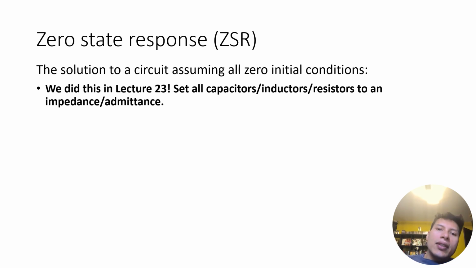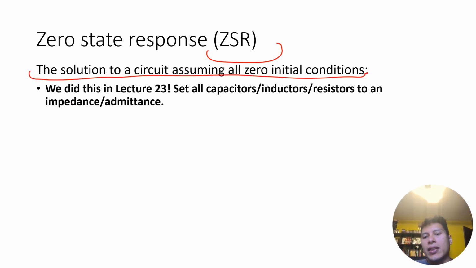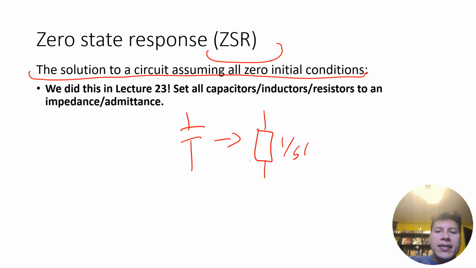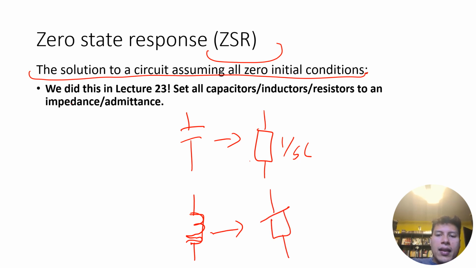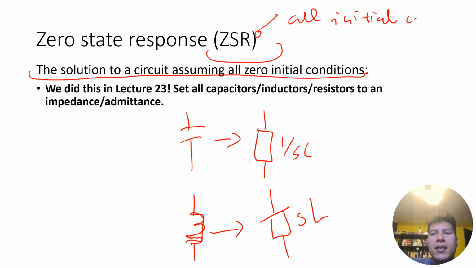And then we have what's called the zero state response, and zero state response is basically the solution to the circuit assuming 0 initial conditions. So whenever you ask for a zero state response, you replace the capacitor with 1 over SC, and you're going to replace the inductors with S times L. So the zero state response just means that the circuit is in a zero state, meaning all initial conditions are zero.